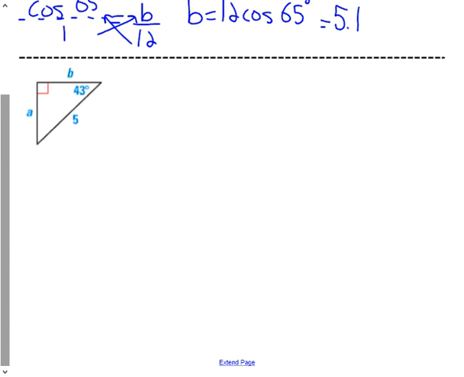The last one here, again, from 43 degrees, we have 5 as our hypotenuse. 43 degrees is created by b and the hypotenuse, which means b is our adjacent, so a must be opposite. So sine of 43 degrees over 1 equals a over 5.